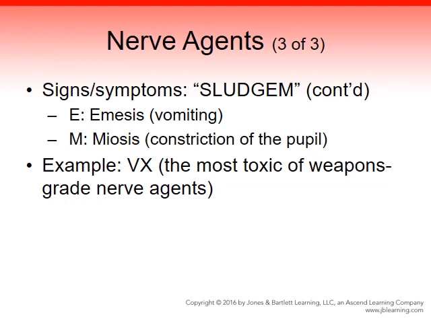Emesis and miosis are another two, which is vomiting and constricted pupils. A good example would be VX gas, which is the most toxic of the nerve agents.